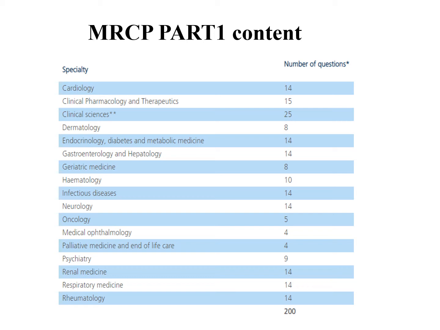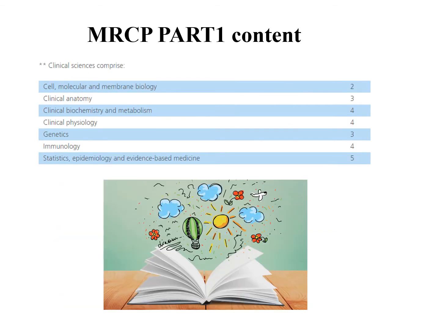However, the biggest one is clinical science, which constitutes about 25 questions out of 200. Clinical sciences includes cell and molecular biology, clinical anatomy, biochemistry, clinical physiology, genetics, immunology, and statistics. So it's quite a vast array of topics which need to be covered under clinical sciences, and you get the maximum number of questions in this subject.